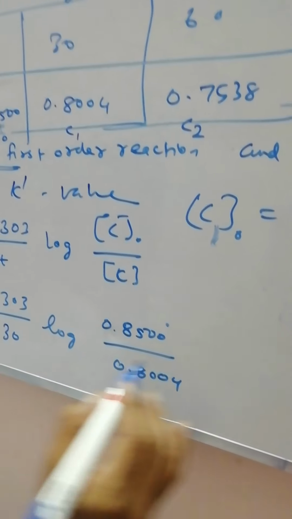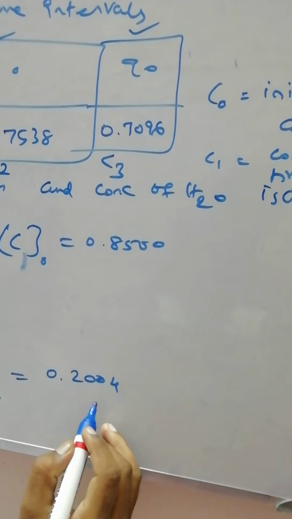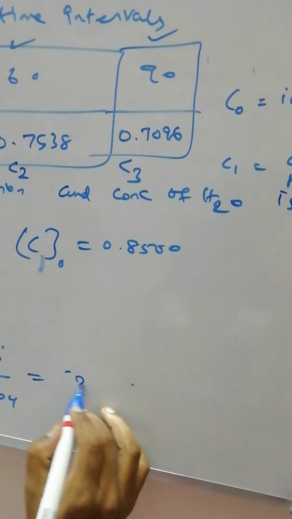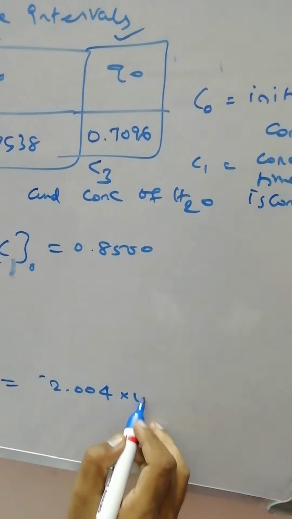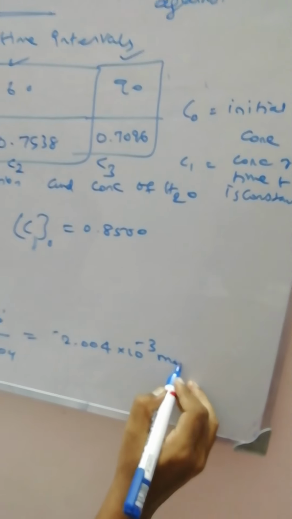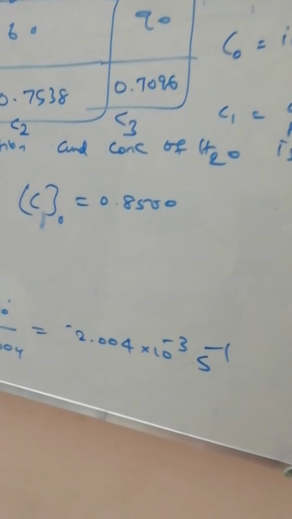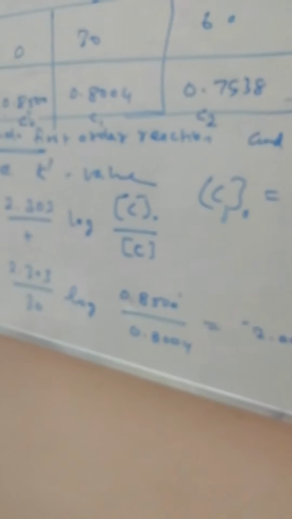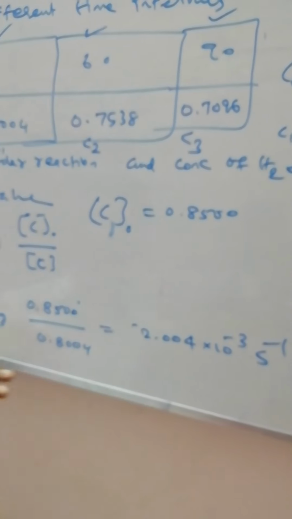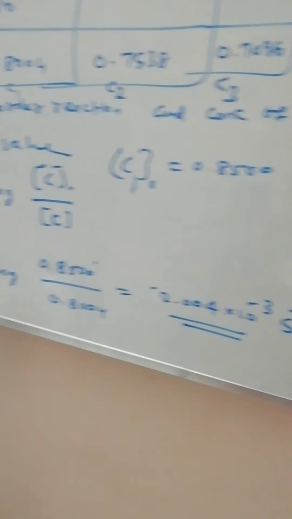It gives 2.004 into 10 to the power minus 3 second inverse, because it is a rate constant K, second inverse. When simplifying all these things, you will get this value. First you have to simplify the log values.